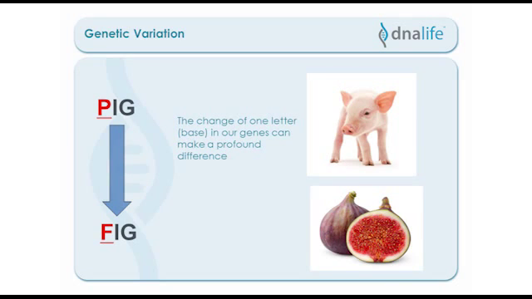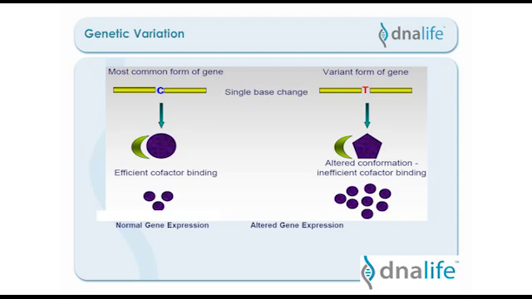In the same way that changing the letter of a word can have a major change in the meaning of the word, simply changing the P to an F changes the word quite drastically from pig to fig. Exactly the same thing happens at the DNA level, where the change in a single letter in our DNA can cause a change in the structure of the amino acid, as we saw with the sickle cell anemia example, which can affect the manner in which that gene is expressed.